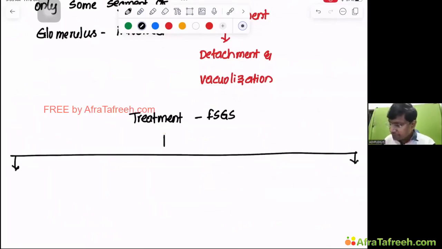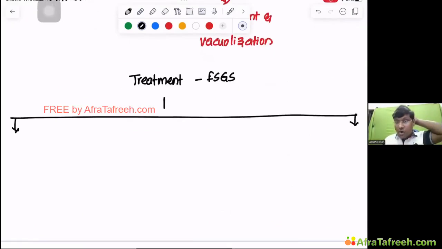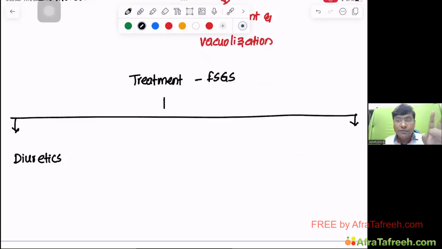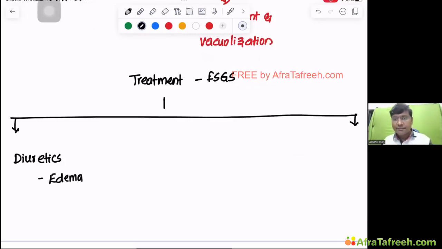In the treatment, very important, all forms of FSGS should be given diuretics. Why should you give diuretics? Whether it is primary or secondary FSGS, all forms should be given diuretics, mainly for the treatment of edema. And these patients also have hypertension.